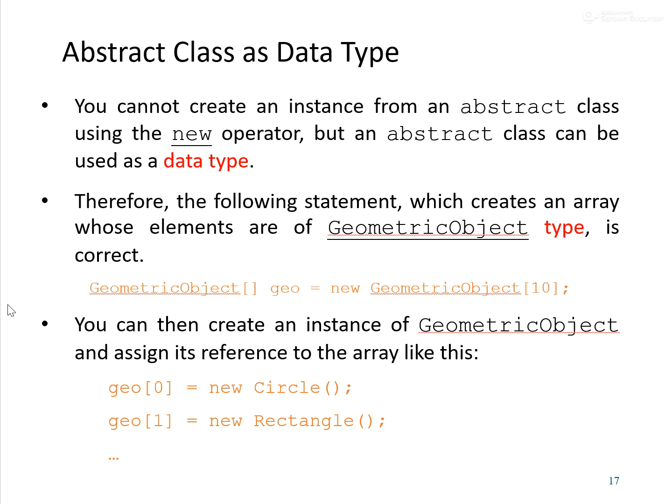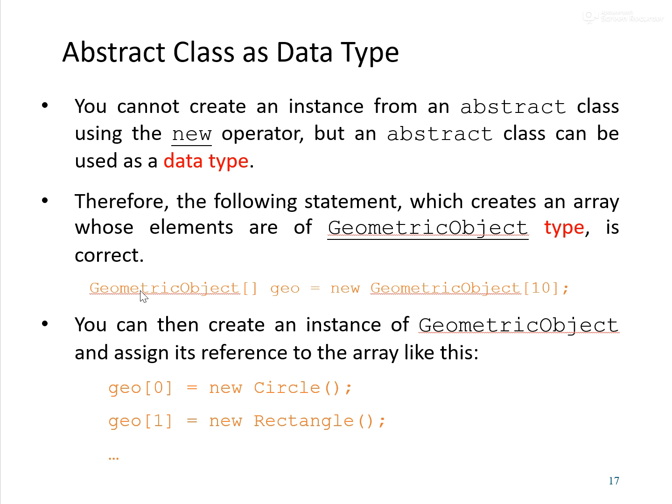It just creates an array of 10 references to objects of type geometric object. And this line can then be followed up like this. So the first element, geo0, can contain a circle. And the next element, geo1, might contain a rectangle. And that is fine because, again, circle and rectangle are, after all, subclasses, just special types of geometric objects.